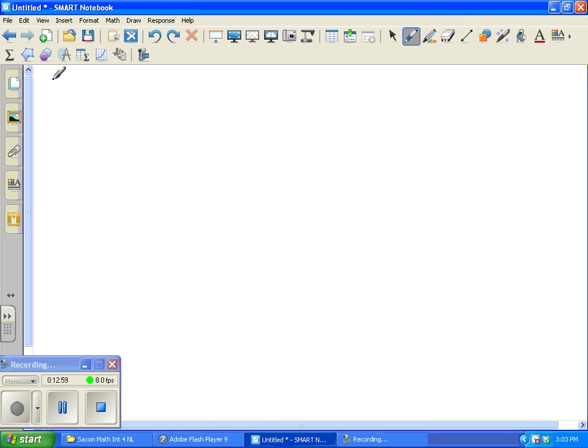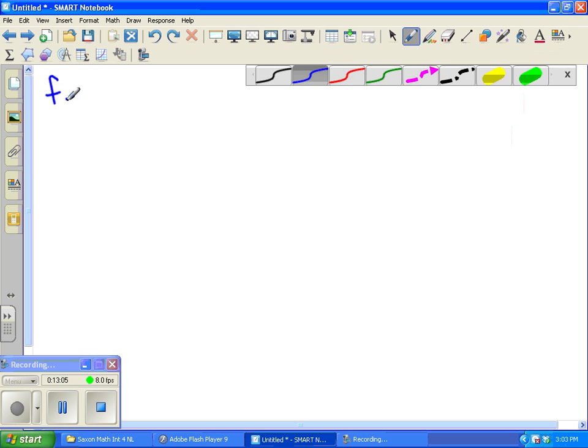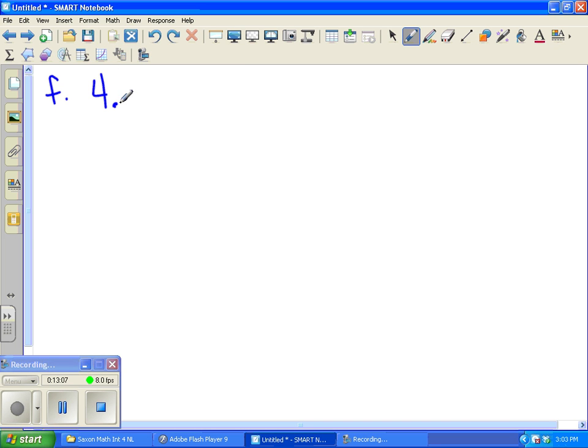Now let's try F. Okay, first we have to change it into a fraction. So we say 4 and, so I know 4 is going to be my big whole number. Now 321 thousandths.